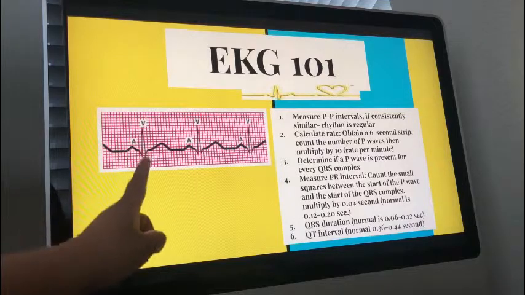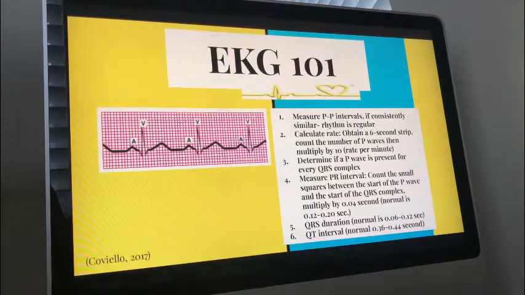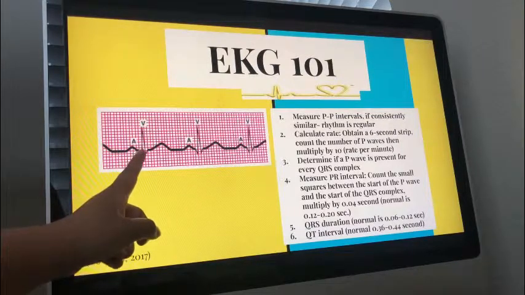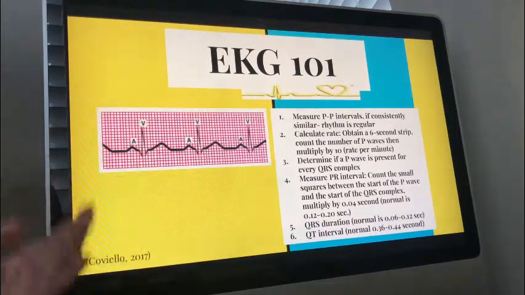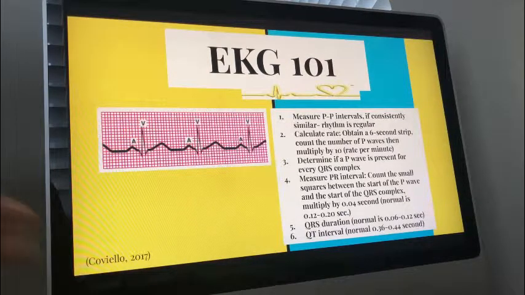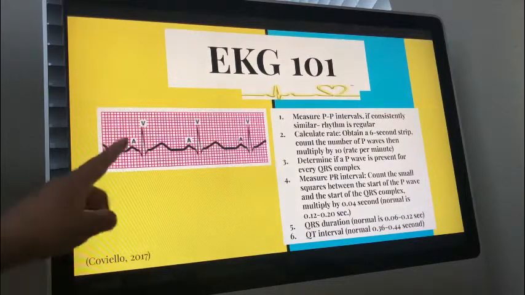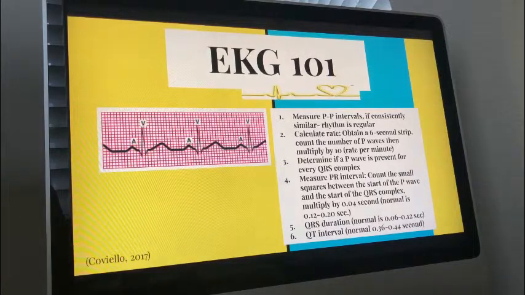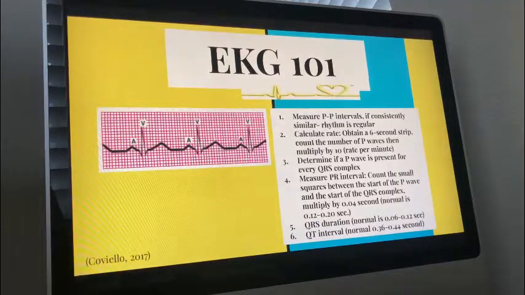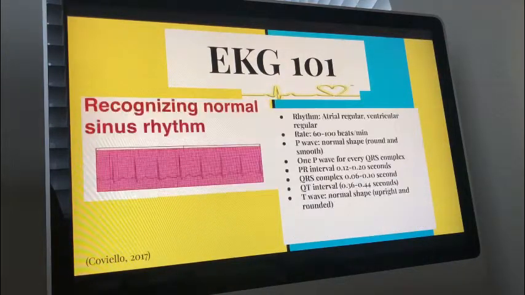Measure the PR interval: count the small squares between the start of the P wave and the start of the QRS complex, multiply by 0.04 seconds. The normal is 0.12 to 0.2 seconds. The QRS duration normal is 0.06 to 0.12 seconds, and then the QT interval normal is 0.36 to 0.44 seconds.